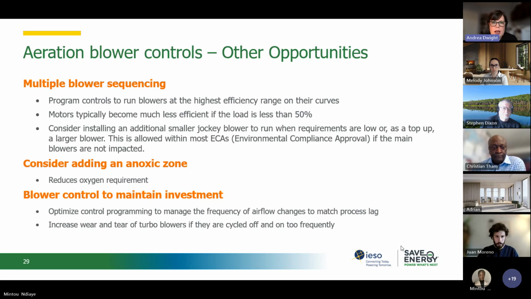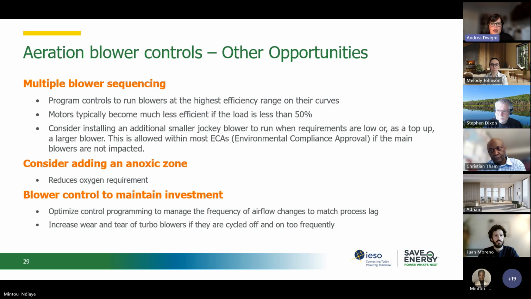We've already talked about adding an anoxic zone, because this reduces your oxygen requirement long term. That might be very helpful. And just a couple of points regarding the frequency of changes. As you get into more sophisticated blower control, be a bit careful about the process lag and not causing your equipment to go into loops by changing the set points too quickly.